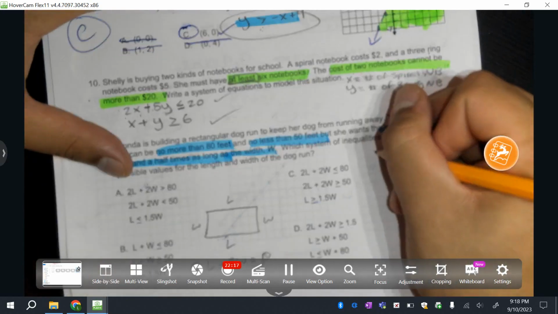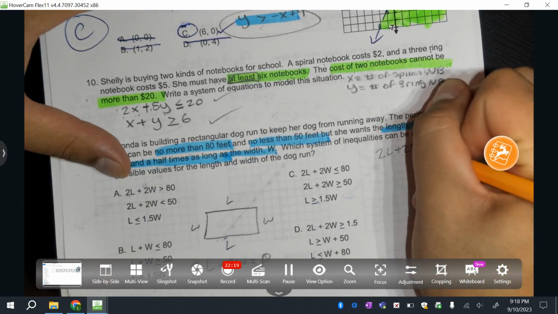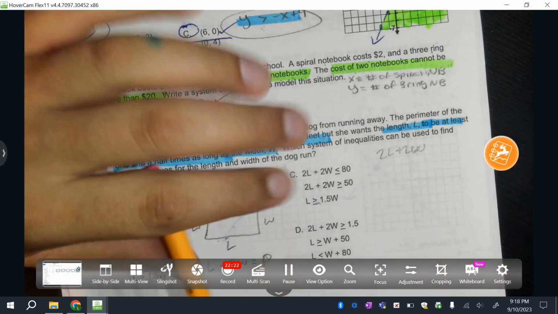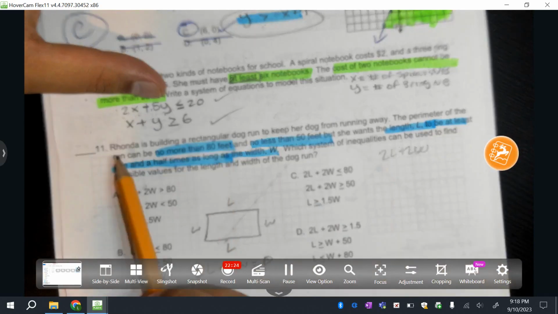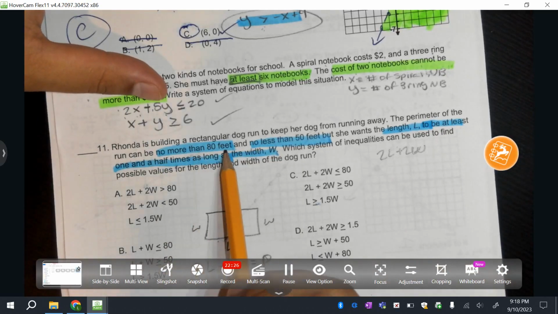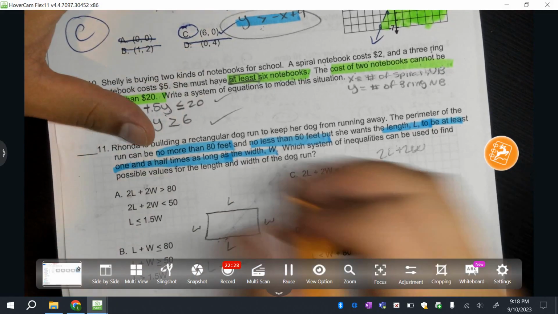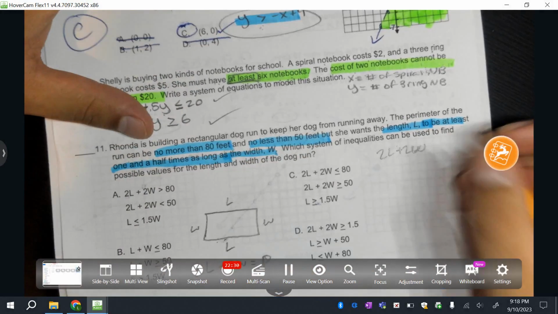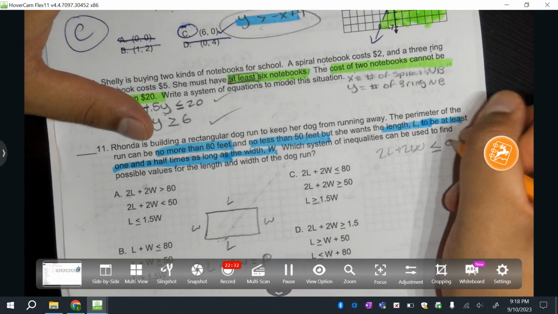Alright, so in this situation we have the perimeter. The perimeter of the run can be no more than 80 feet. So it cannot be more than 80 feet, so it has to be less than or equal to 80.